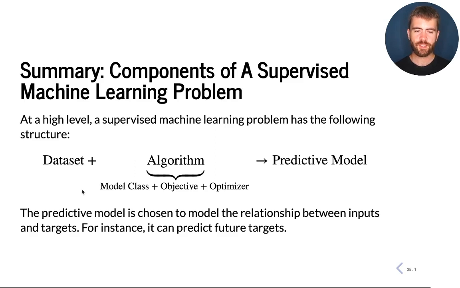And the data set is a combination of training examples, which contains an input X and a target Y, and the algorithm internally contains 3 components: a model class, which is the valid set of models from which we'll find the predictive model, an objective, which scores the models within this class, and finally an optimizer, which finds the best scoring model within the class according to the objective.